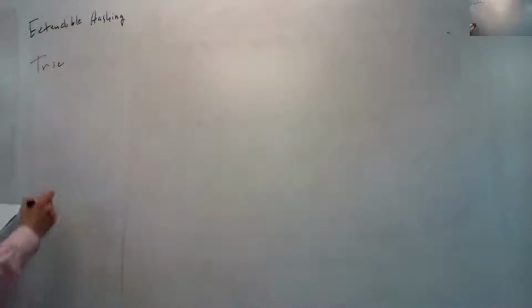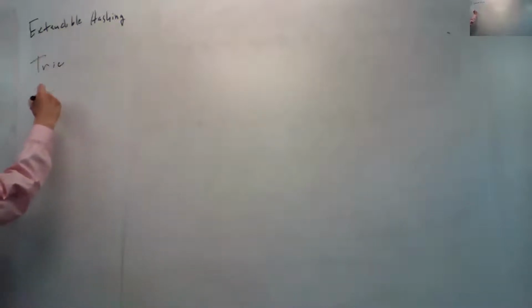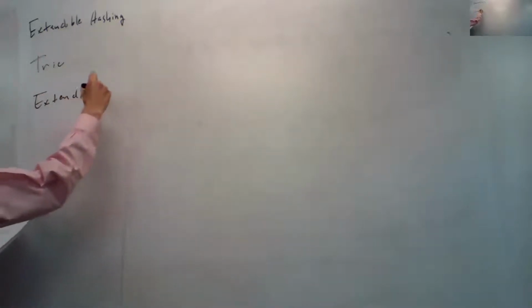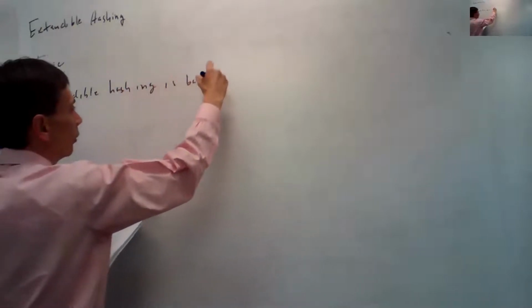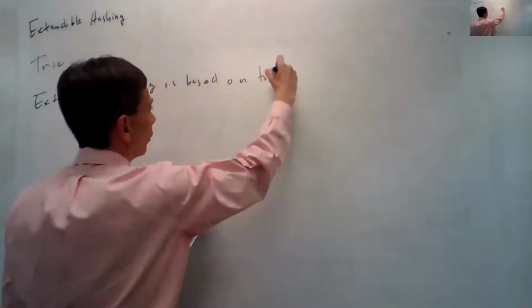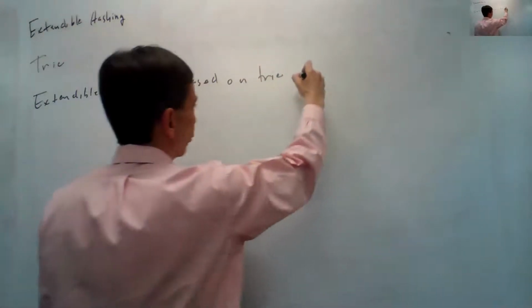So extendable hashing is based on the trie data structure.